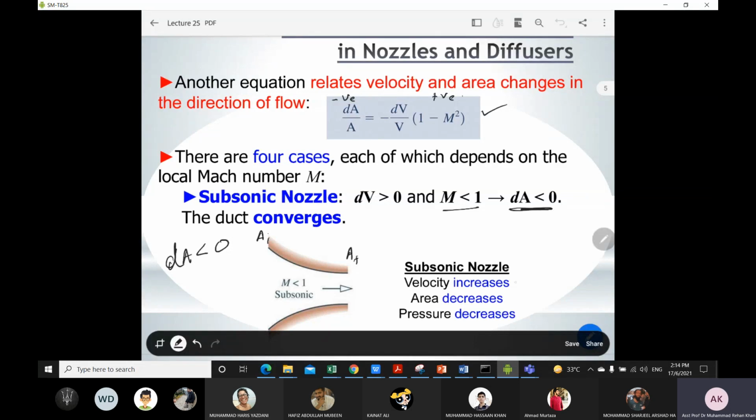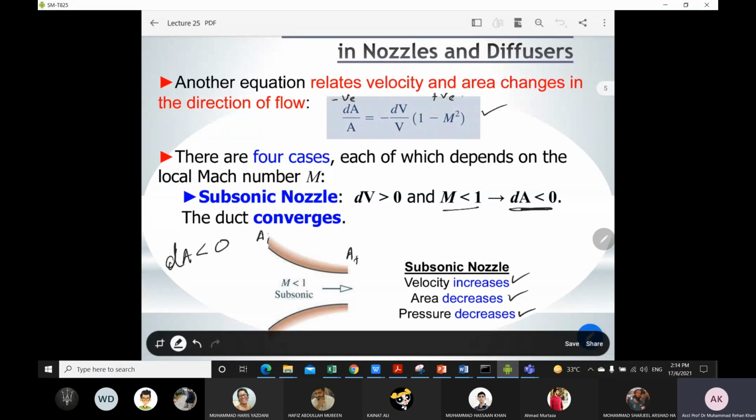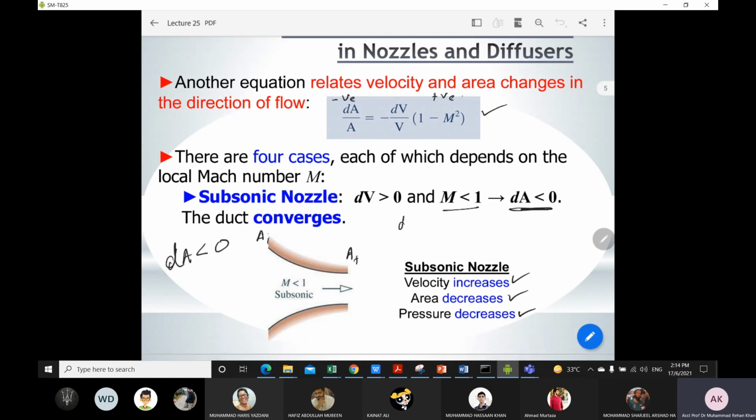Okay, so here it is mentioned that velocity increases, area decreases because the final area is less in comparison to the initial area, pressure decreases. Okay, so how do we get to know pressure decreases? From the previous slide, I already told you if your velocity increases, your pressure decreases, or you can find out from the other equation which we already developed. So dA by A is equal to dp over rho v square times (1 minus Mach square).